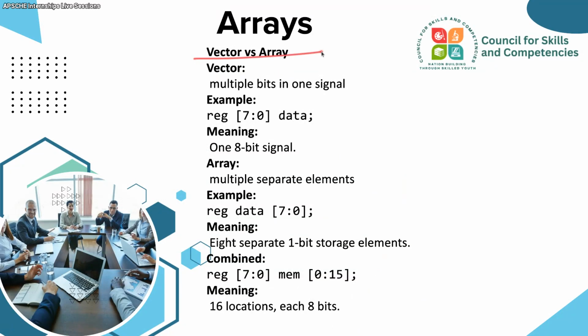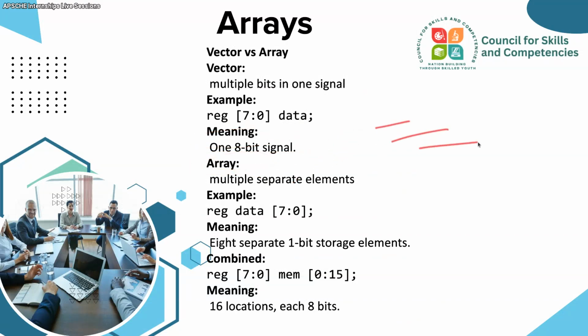So what is the difference between the vector and the array? A vector is multiple bits in one signal. You see that data is one signal, and this signal has multiple bits, that is 8 bits. One 8-bit signal. An array is separate elements.